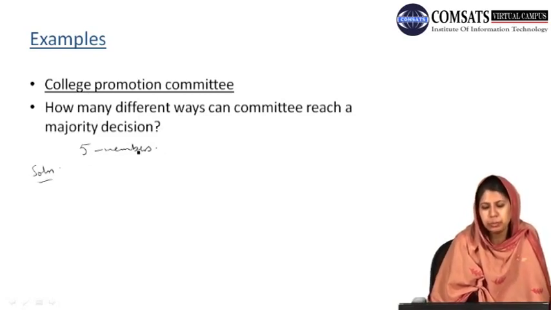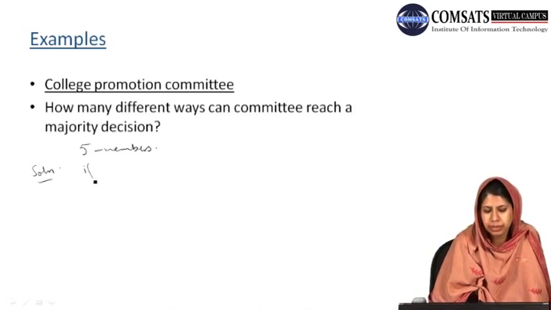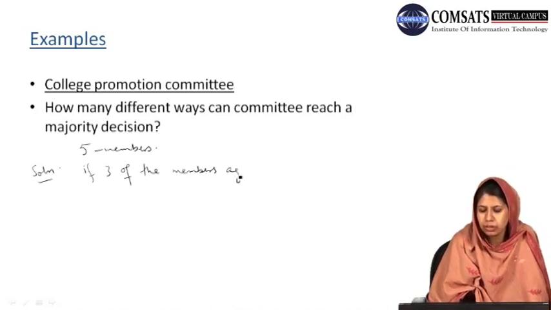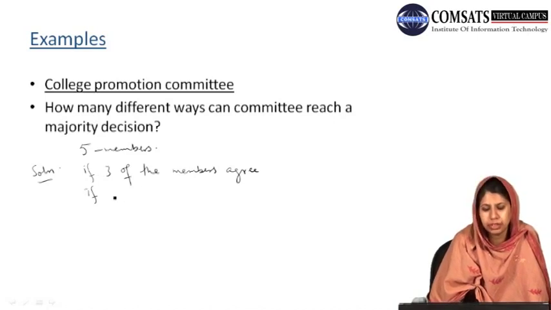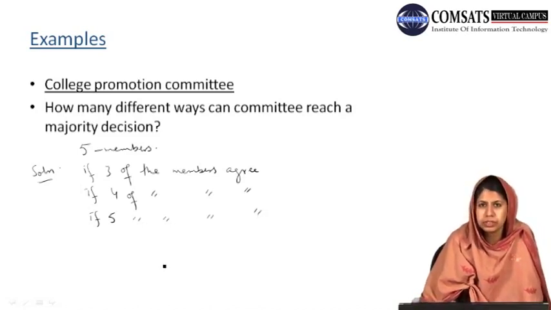A committee can reach a majority decision if 3 of the members agree on the issue. Similarly, a college committee can reach a majority decision if 4 of the members agree. Similarly, if all of the 5 members agree, then the college committee can also reach the majority decision.